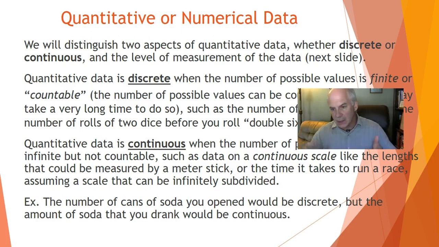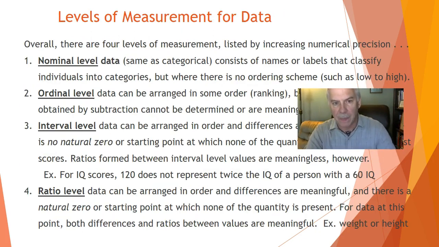So it's a continuous number because you could measure the volume of soda in any amount, 3.926 ounces, or 13.5917 ounces. So it's a continuous scale in terms of the amount of soda.